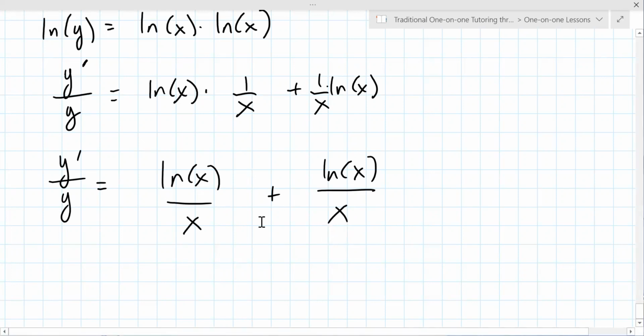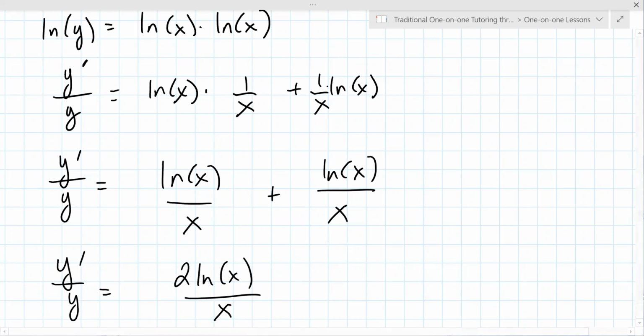I'm sorry. There's really 2 of these here. Like these together make 2. Here's 1, here's another, but they're both natural log of x over x. So then would it be 2 natural log of x, ln x over x? Yeah.